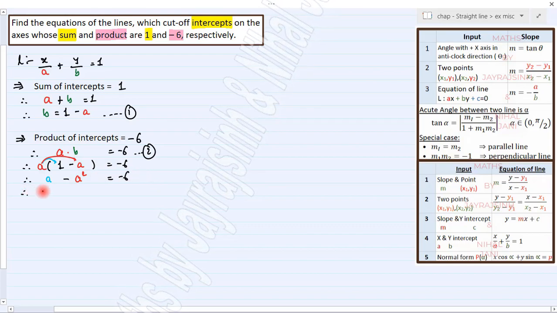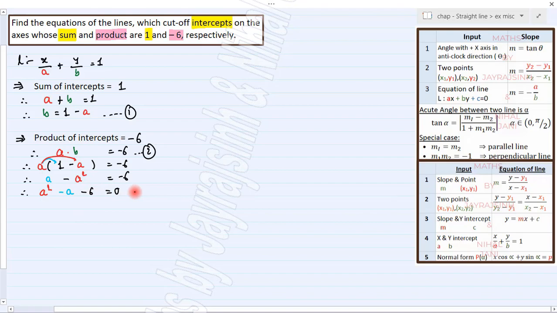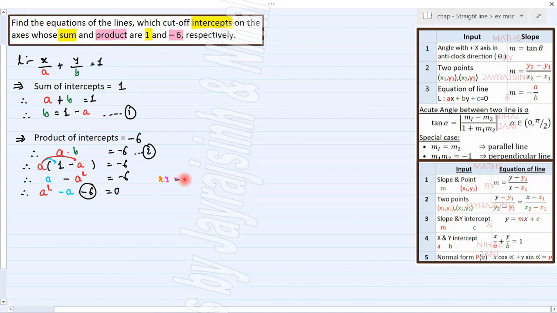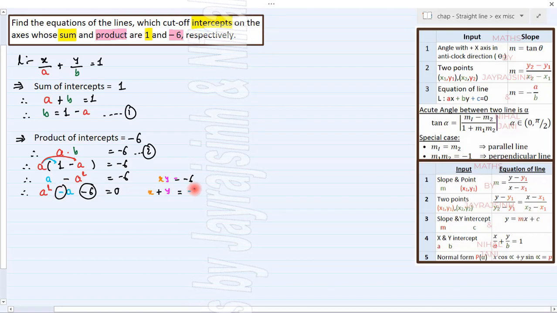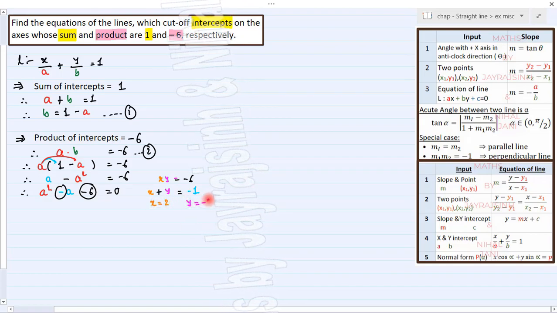Collecting the terms on the right side gives us the quadratic equation a square minus a minus 6 is equal to 0. Now to factor this we need two numbers having a product equal to the constant term, which is minus 6, and a sum equal to the coefficient of the middle term, which is minus 1. So we can say our required two numbers are 2 and minus 3.